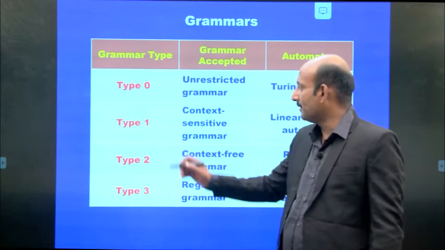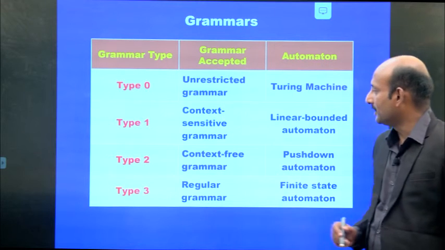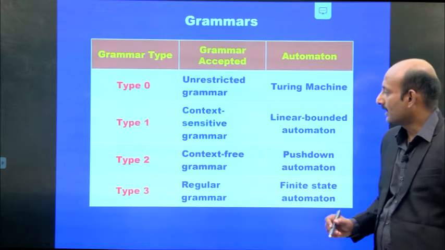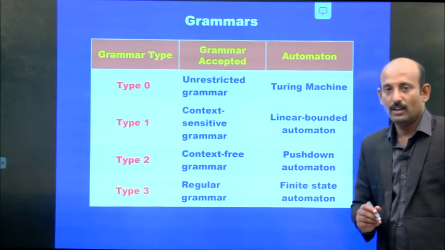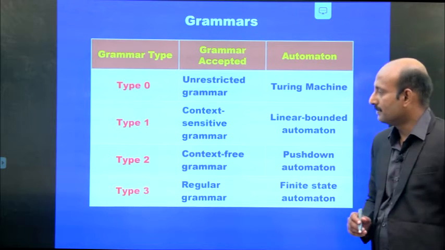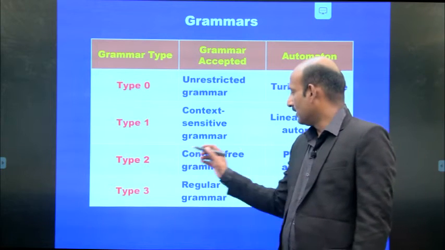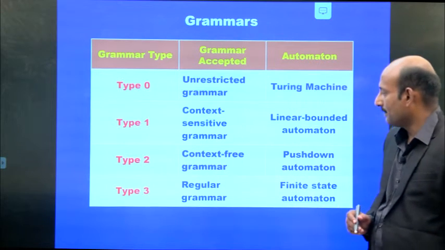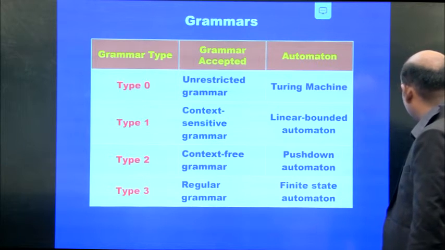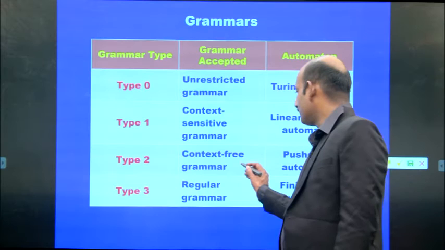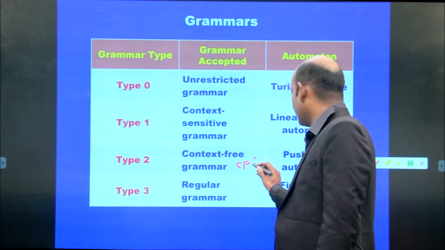And type 1 grammar is a context sensitive grammar, which is recognized by a linear bounded automaton. Similarly, type 2 grammar is a context free grammar. In abbreviated form, we can write CFG, context free grammar.